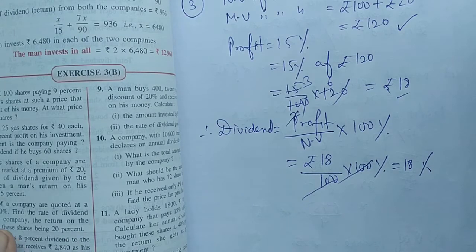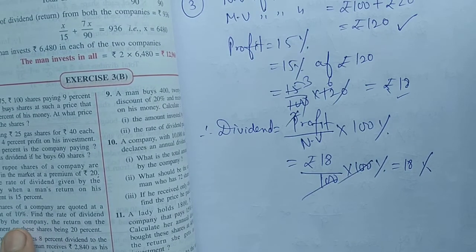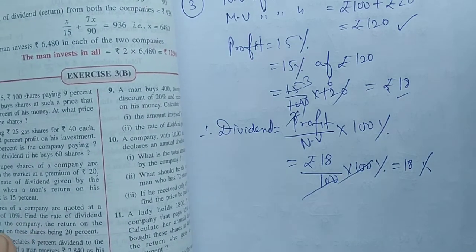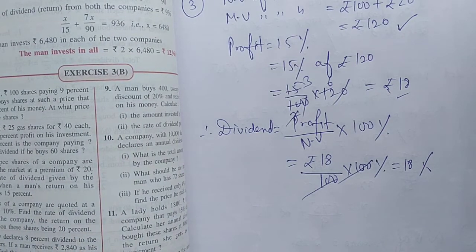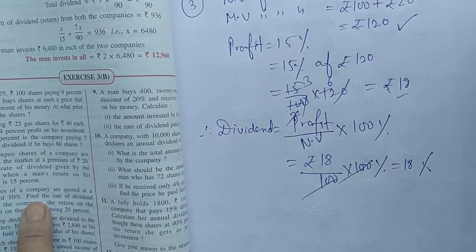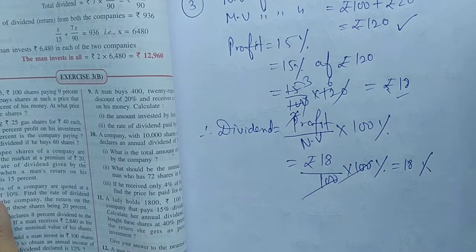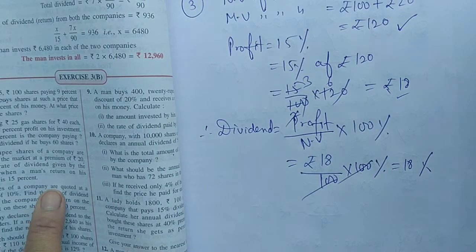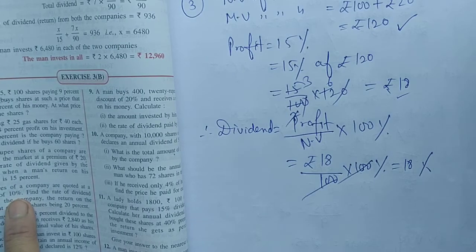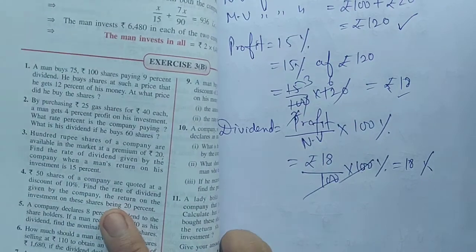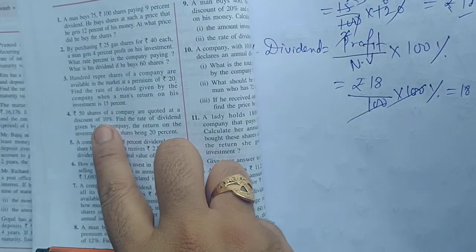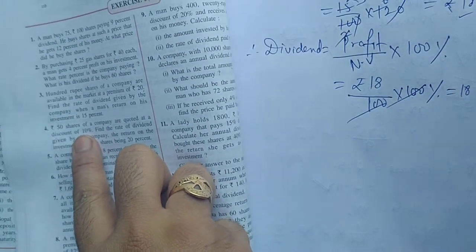Then discount is given. Discount you will subtract from the nominal value, this market value. Then you will write that nominal value of one share is equal to 50 rupees. Then the person sold at the discount of 10%. Then you will find the 10% of rupees 50, 5 answer will come.